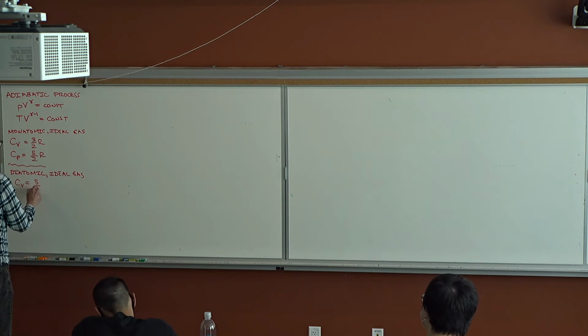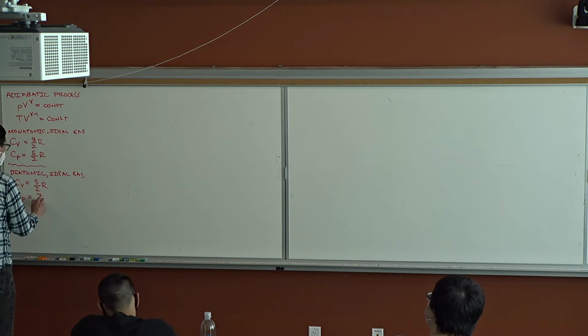CV is going to wind up being 5 halves R, and CP is going to wind up being 7 halves R.